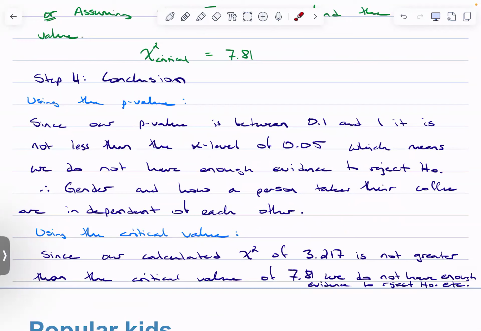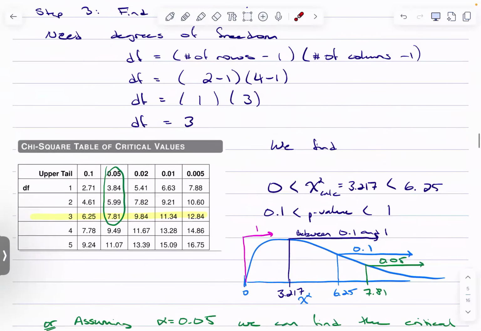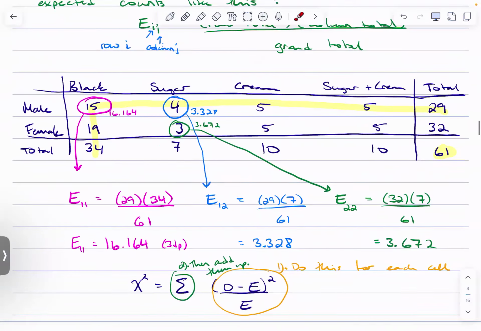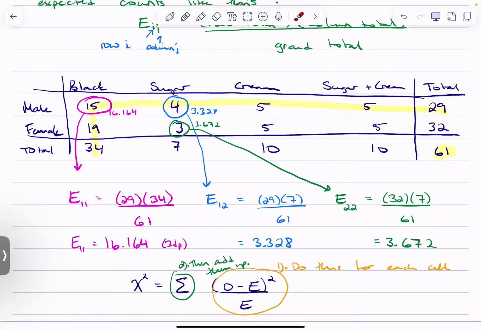Okay, yeah. When you were talking about expected values of 5 or more. Oh, yeah. For this one, it was just because we made it up. So if we saw something like this, we'd be like, we can't do it. Or you could still do it, but you would say your results are unreliable. But that's beyond this course. So we didn't. But yeah, this would be bad.